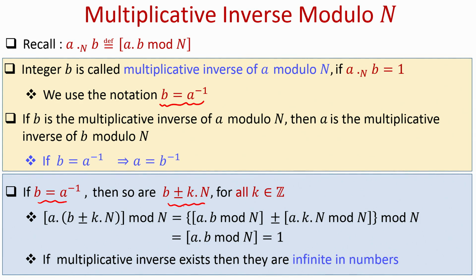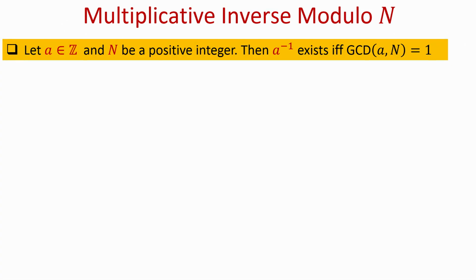It does not matter whether you add multiples of modulus n to B or subtract multiples of modulus n from B, all of them will also be the multiplicative inverse of A modulo n. This is because A times B plus or minus k times n finally gives you A times B modulo n, and since B is the multiplicative inverse of A modulo n, A times B modulo n is nothing but 1. That means if a multiplicative inverse exists, then there are infinitely many of them.